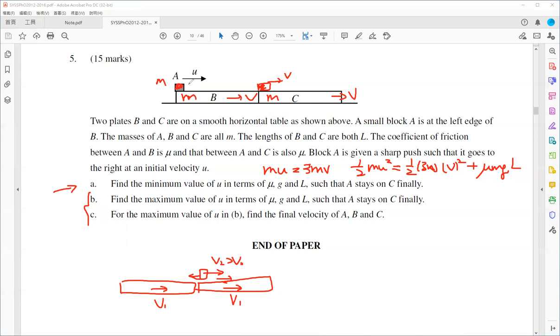So that means when A lands on C, the velocity of C will be larger than that of B. And actually, it means that the final velocity of B is also v1. So that's why I need to let v2 be larger than v1. So finally the velocity will be v1, and then these two have the same velocity v3.